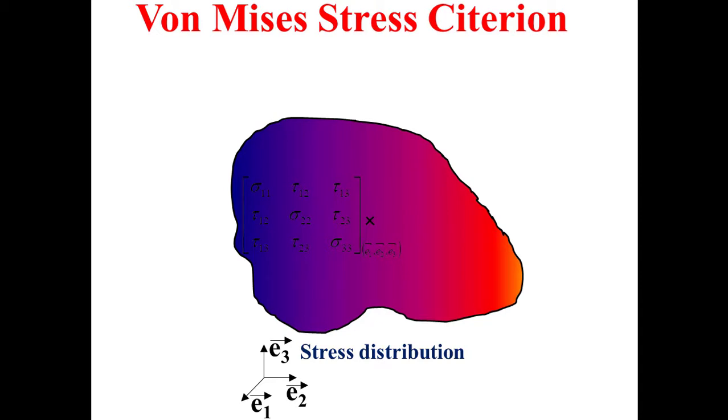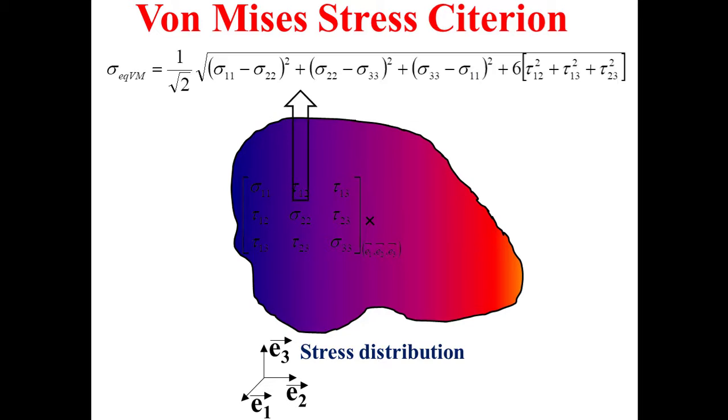In fact, this von Mises stress criterion permits to obtain an equivalent stress called von Mises equivalent stress using the formula that you see on the screen. You can notice that this formula involves the different components of the 3D stress tensor format.